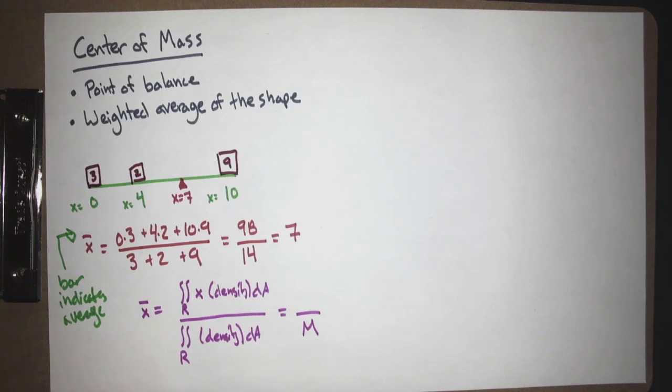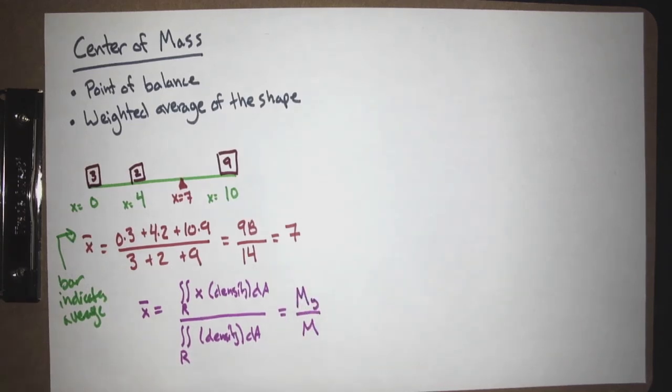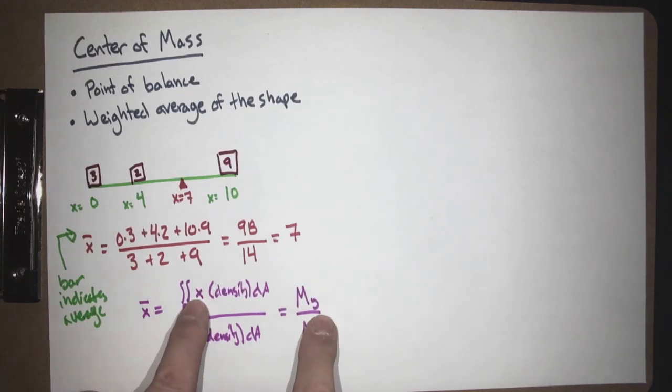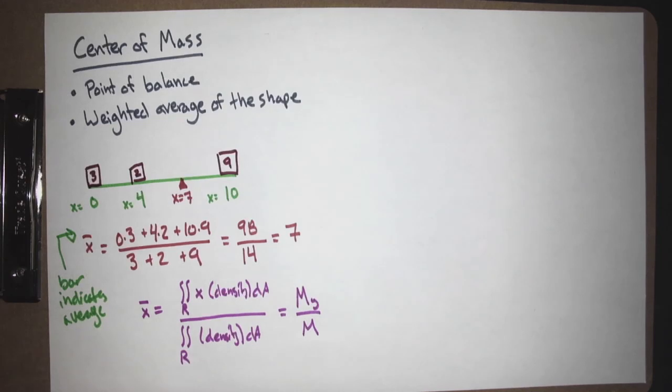Okay, good. But which one? It's moment with respect to the y-axis. Because remember, if we think of this as distance density instead of location density, distance to what? x is your distance to the y-axis.